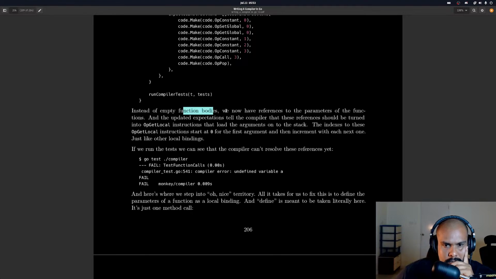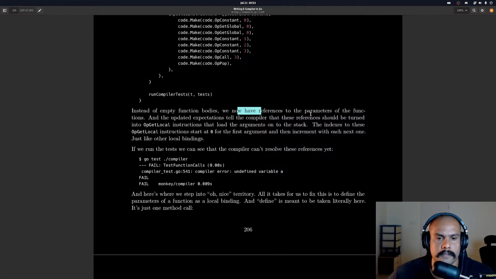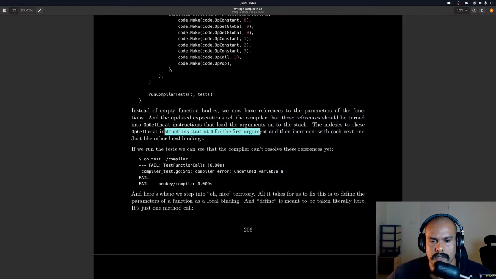Instead of empty function bodies, we now have references to the parameters of the functions, and the updated expectations tell the compiler that these references should be turned into OpGetLocal instructions that load the arguments onto the stack. The indexes to these OpGetLocal instructions start from 0 for the first, and then increment with each next one.